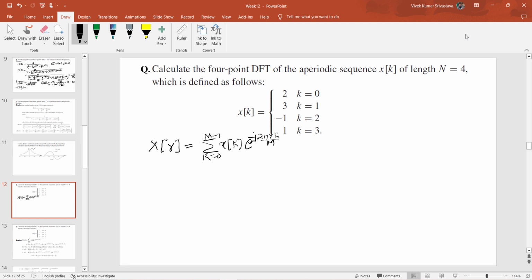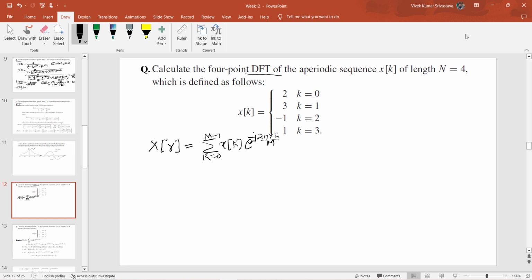Okay, so in the previous class we have seen how to determine the discrete time Fourier transform of this aperiodic signal that is given in the problem by using this expression. Let us now resolve it once more, so that it will be clear.